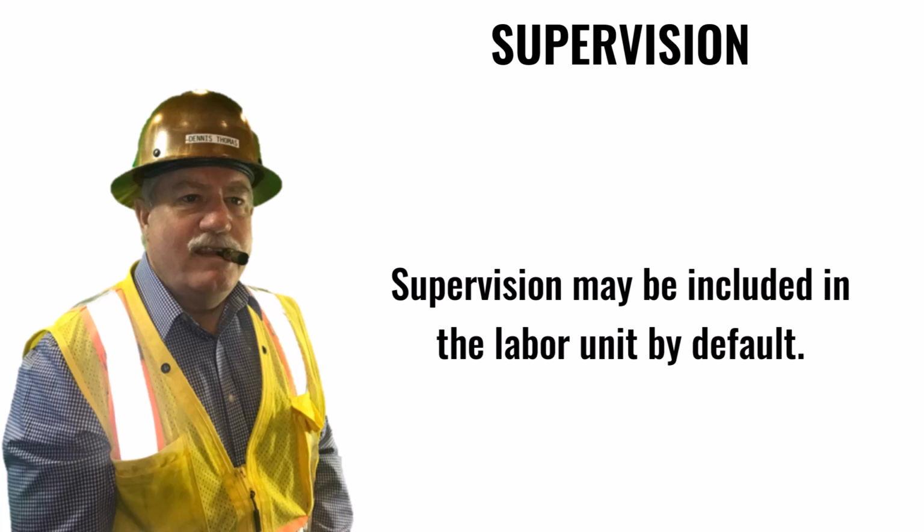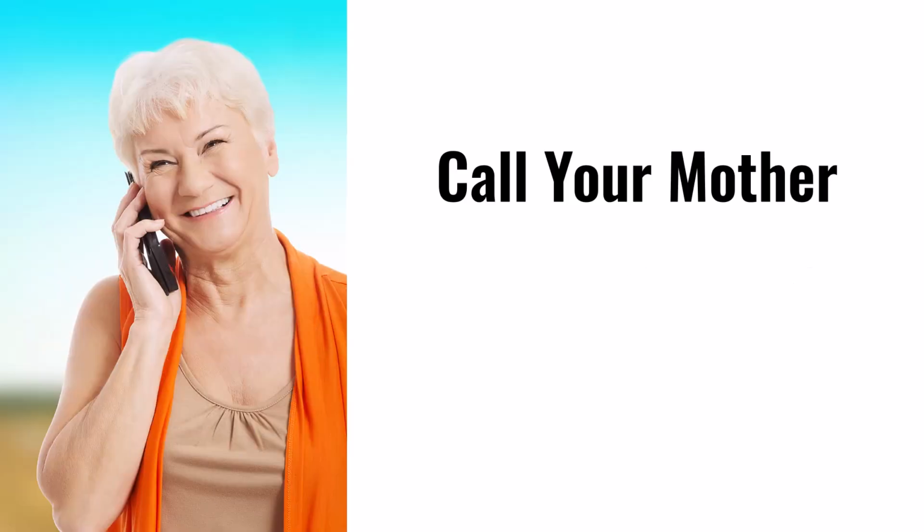Let's look at that for a minute. It's my contention that anything you want can be included in the labor unit if you want it to be. Let's say you have to make a 30-minute phone call to your mother every day to let her know you're still alive. When you select the labor factor for your project during the estimating process, you would just add a percentage to that factor. So labor column 2 plus 20 might just become labor column 2 plus 25%.